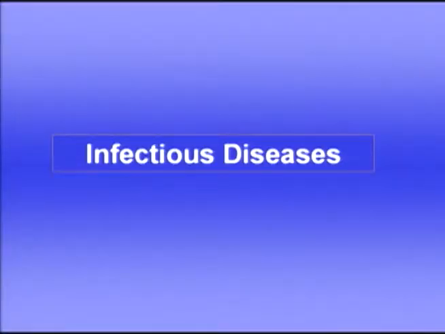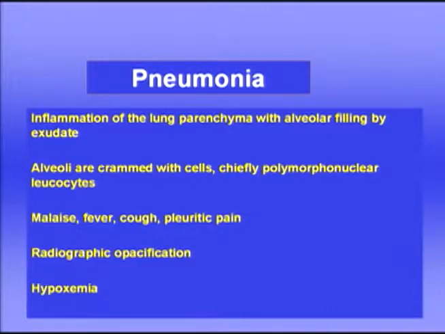Now, a few words about infectious diseases. Again, extremely important in the context of pulmonary medicine, but relatively unimportant in the context of pathophysiology. Pneumonia, a very important disease, of course, particularly in older people. Pneumonia is one of the reasons why older people often have a terminal pneumonia.